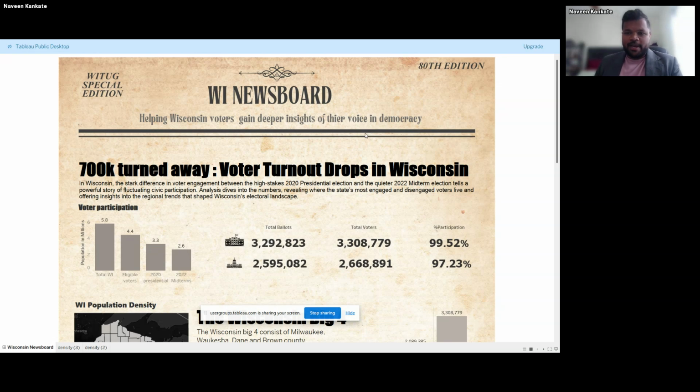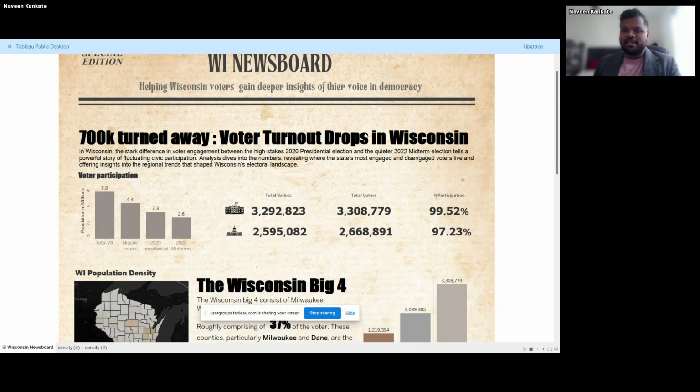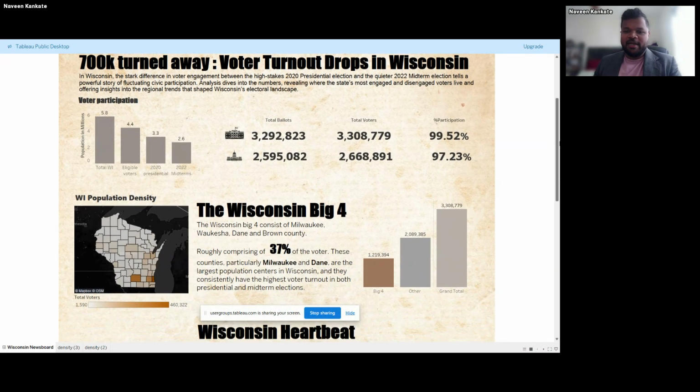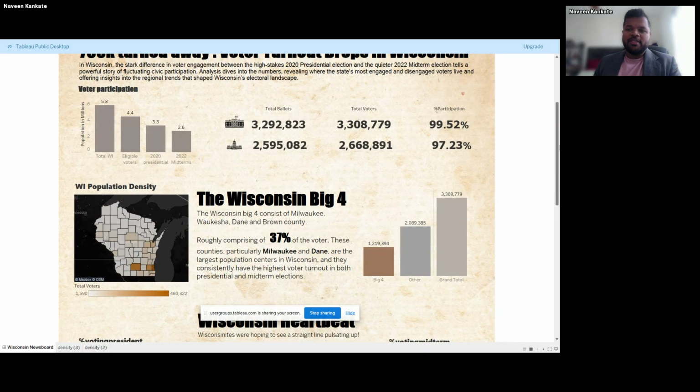Also, for those who might be new to Wisconsin and just understanding the ecosystem a little bit, let's take a look at how the spread of Wisconsin's population comes out to be. We're talking here about this graph.